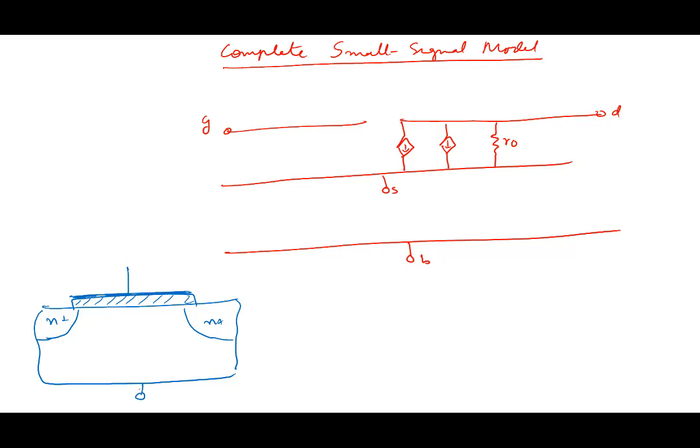Two capacitances are very easy to see. Source, drain. Between, this is body. Between source and body, note that there is a PN junction here.